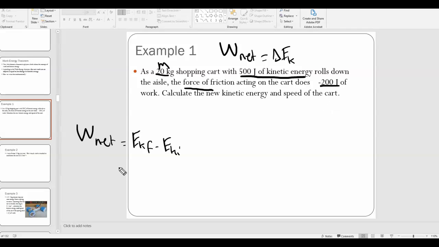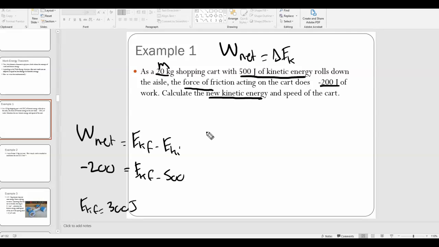That means the net work on the shopping cart would be 0 plus 0 plus negative 200, which is just negative 200. We're asked to find the new kinetic energy, that is EK final, and we're given the initial kinetic energy is 500 joules. So if we add 500 to both sides, we get 300 joules of kinetic energy. And that's the answer to the first question.